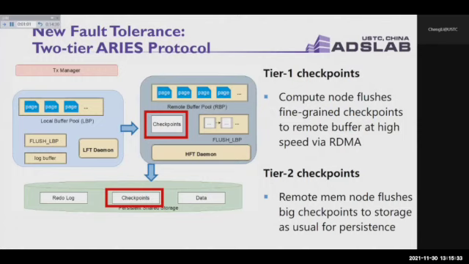Tier two checkpoints are more important because they affect the fault tolerance level. So we let the remote memory node flush the big checkpoints to the storage as usual, just like the traditional approach. Because we do not modify the logging, these two-tier checkpoints will not introduce any wrong results or violation of consistency.